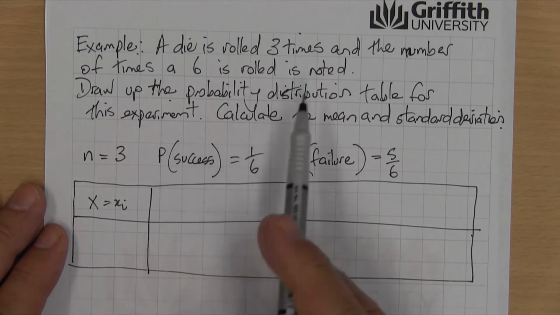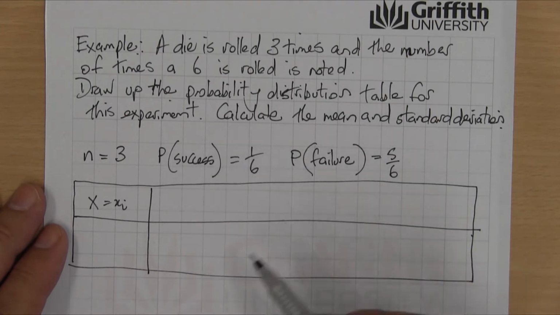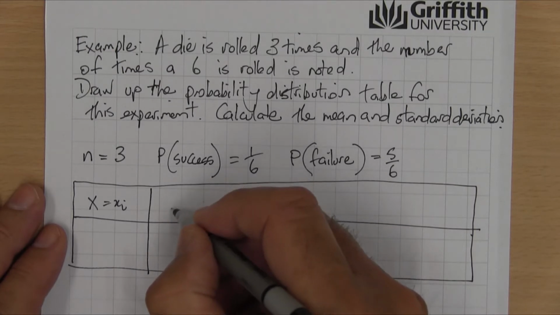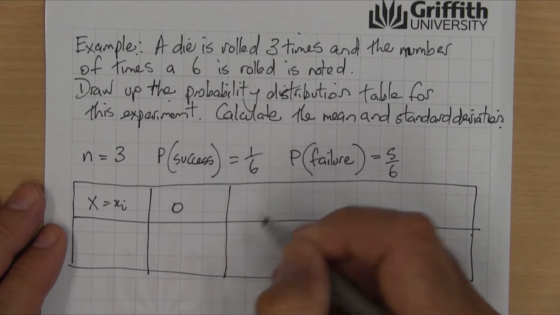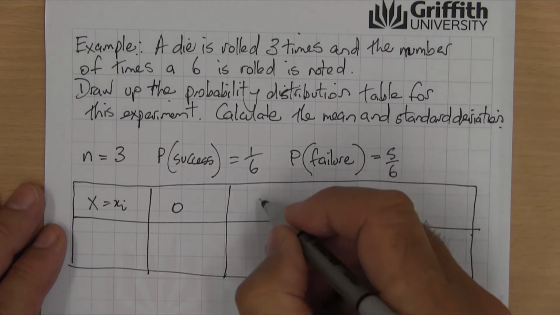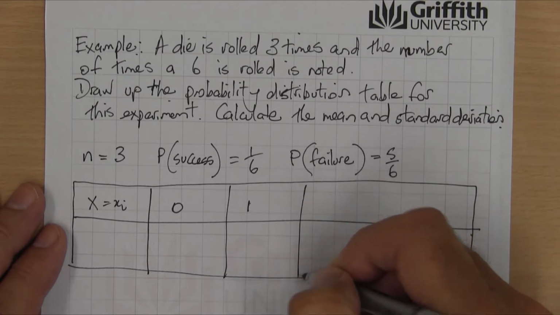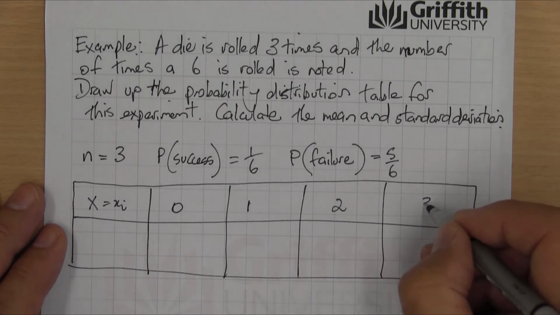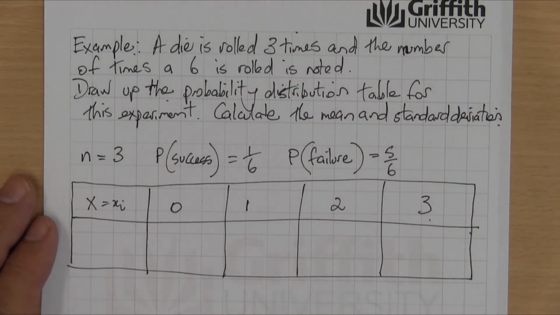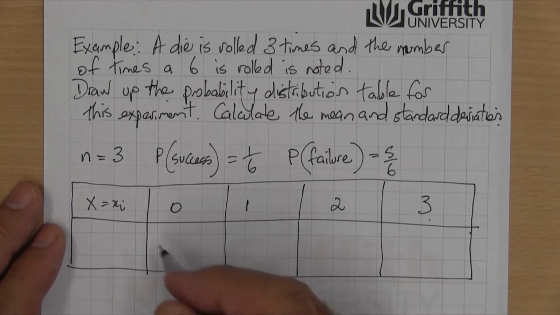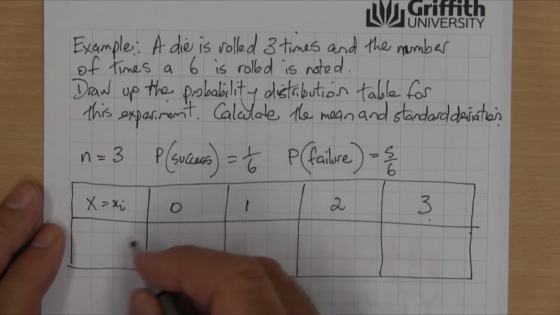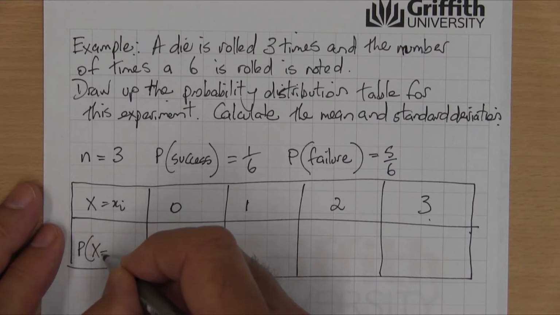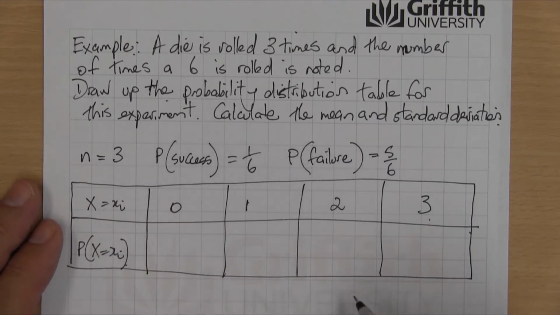So if we're rolling this die 3 times, you could get 0, 1, 2, 3, 4, 5, 6. We're not rolling it 6 times, only 3 times. So 0, 1, 2, 3. Now, maybe worthwhile putting in an intermediate line, so this will be probability x equals xi.